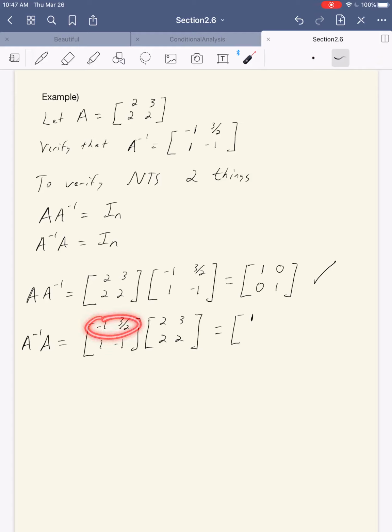Then this row times this column, looks like we should get -3 and 3, which is going to be 0. Then this row and this column, so that's going to be 2 and -2, which is going to give us 0. And then finally this row and this column, which is going to give us 3 and -2, which is going to be 1. And that is the identity matrix, so we're all good. So A^-1 is the inverse of A.